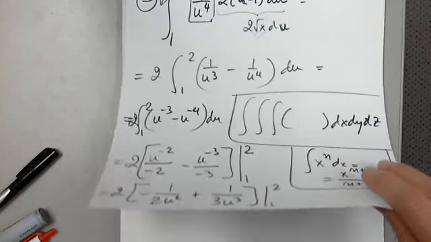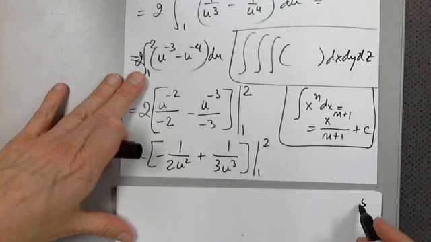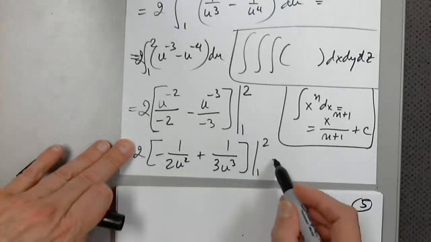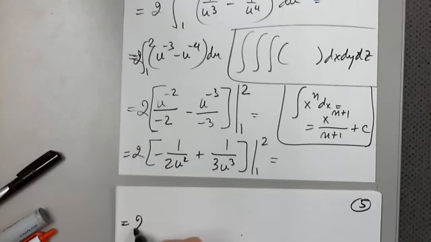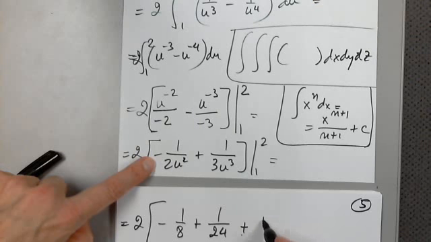Yes, I will plug in 2, and then I will subtract when I plug in 1. I plug in 2. Negative 1 over 8 plus 1 over 24 minus, this one has minus, so plus 1/2 and minus 1/3.